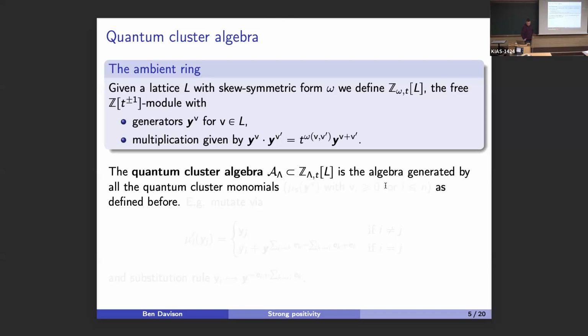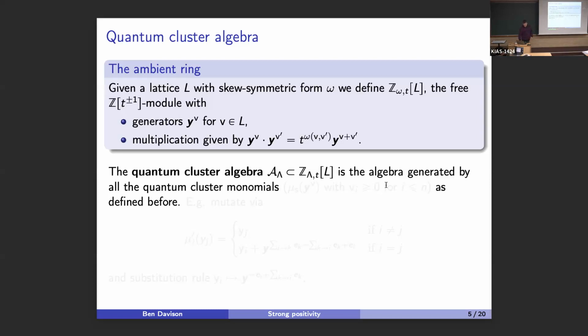And now, with that little bit of preamble, the definition is really the same. So I start with this quantum torus, which is defined like so. While this ambient ring is maybe one step less elementary than the usual Laurent polynomial ring, it's still something that's easy to play around with. What makes the quantum cluster algebra, which is a subalgebra, a bit difficult or rich or interesting, is that deciding on membership is going to be difficult.